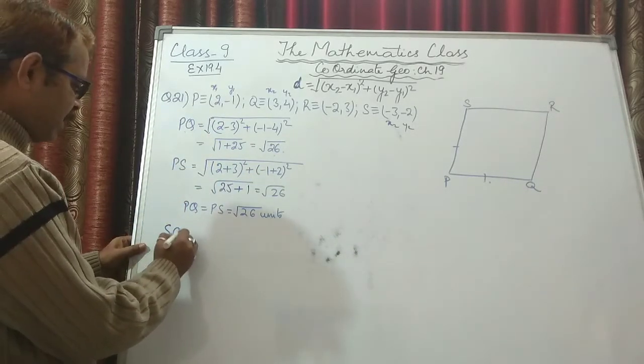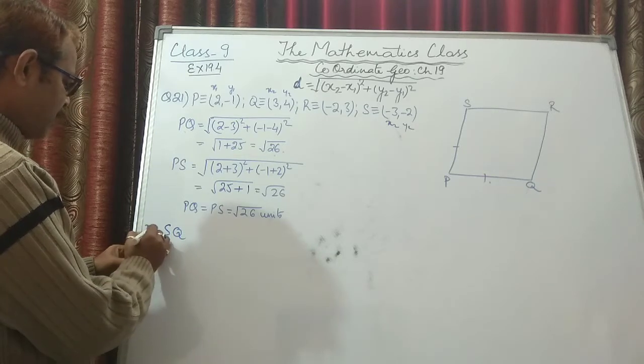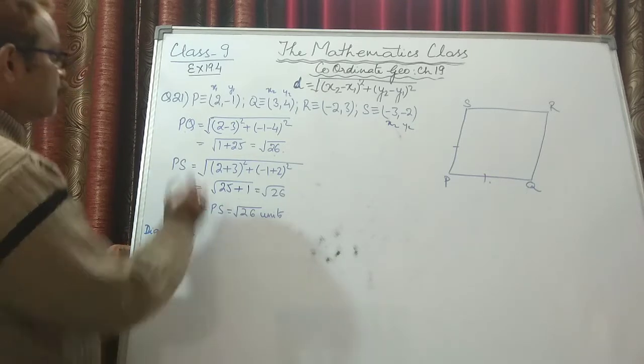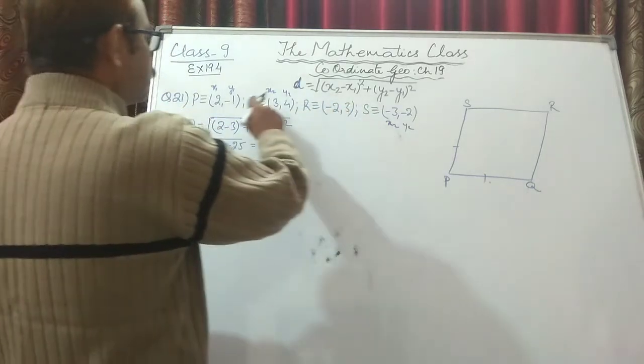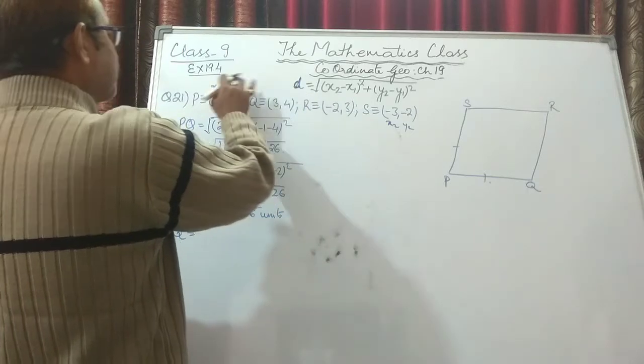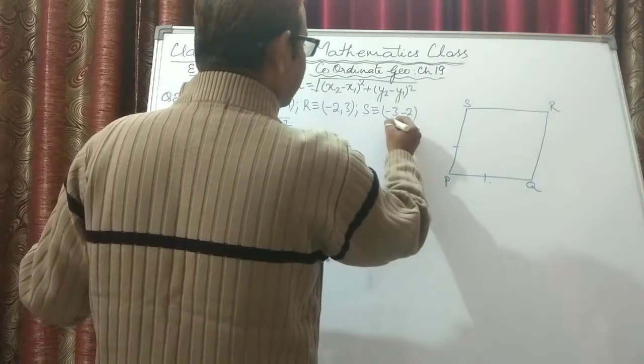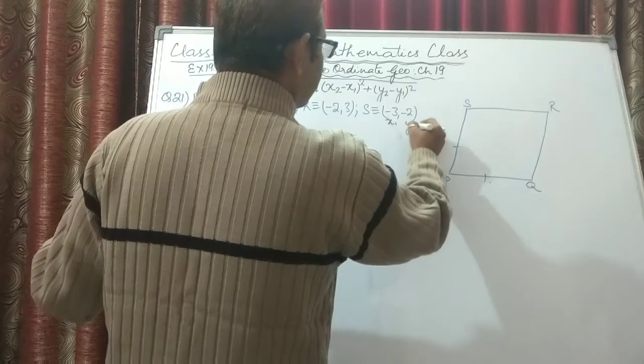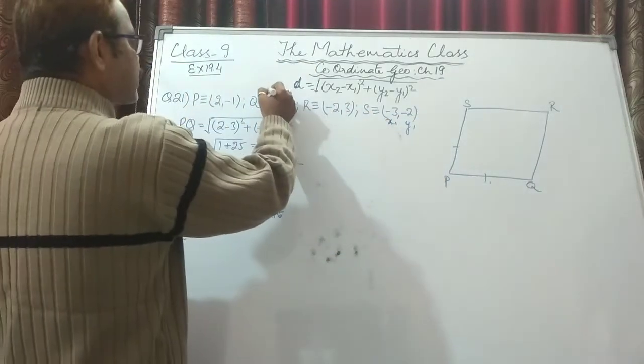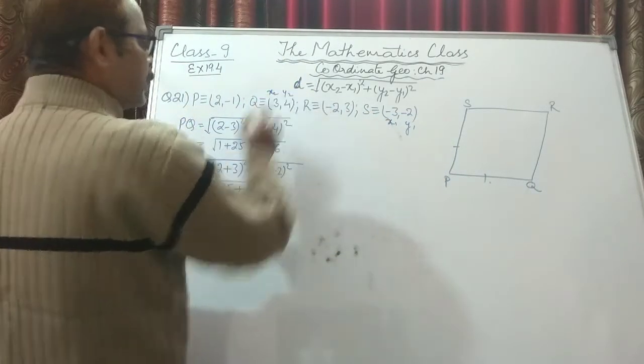So in the next case, we will find the diagonal SQ. Now, when we are taking S, we will take it as x1, y1, and Q will be considered as x2, y2.